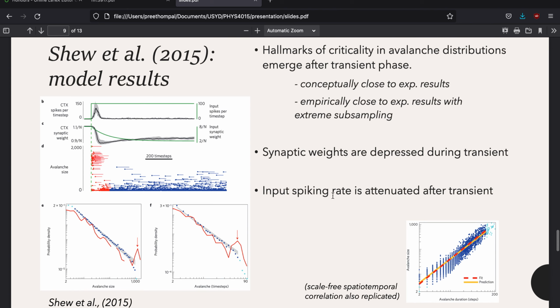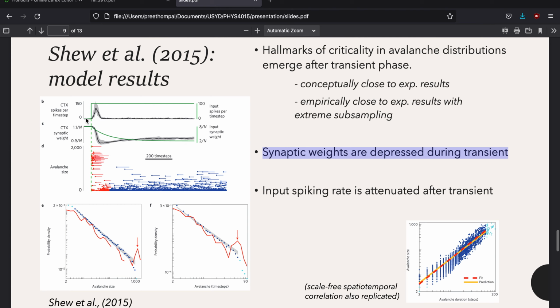Okay. The other thing to notice here is that in the model, because of the adaptation rule they gave the model, the synaptic weights are depressed during the transient, and you see this in this figure. The green line shows synaptic weights from inputs, and the black line is synaptic weights in the recurrent network. Both of them depress to this stable state.